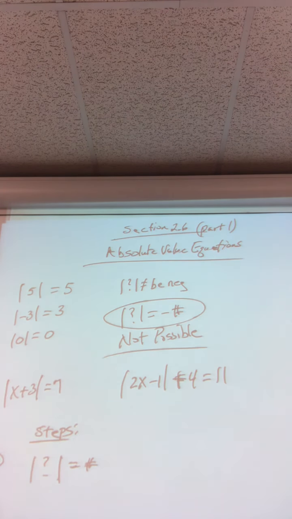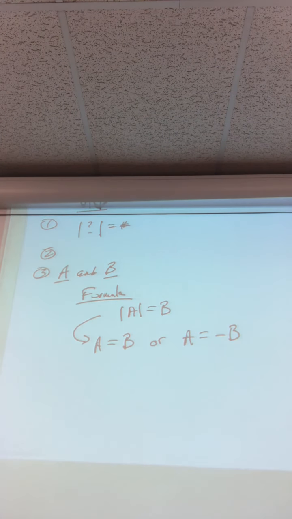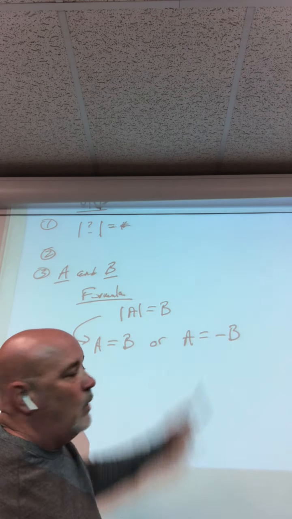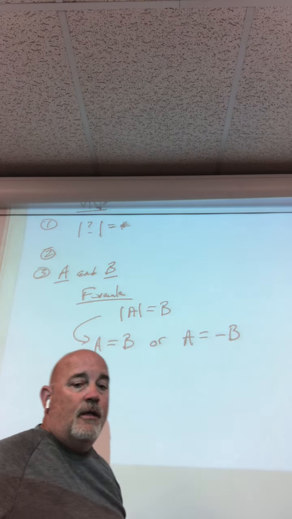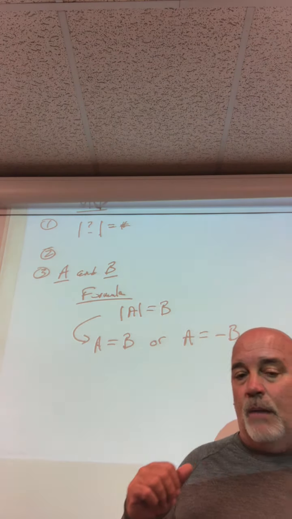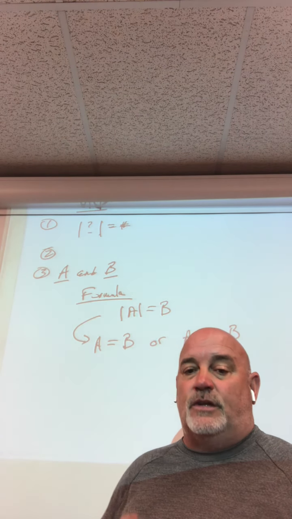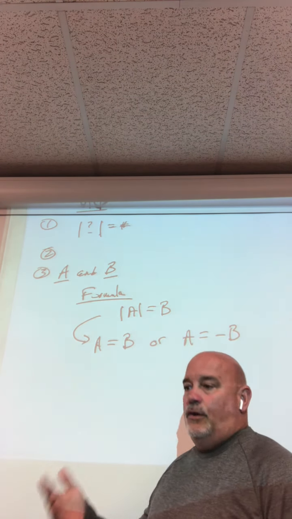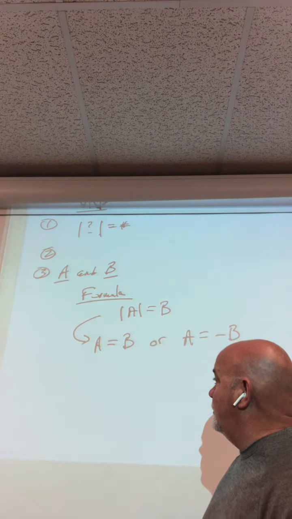One other thing I want you to notice, actually two things, when you use this formula. First of all, when you're solving an absolute value equation, you go from one equation to 2. That means most of these problems will have 2 answers. Not all of them, but most of them will, and you'll see why you don't get 2 answers in the cases when I get to those problems.